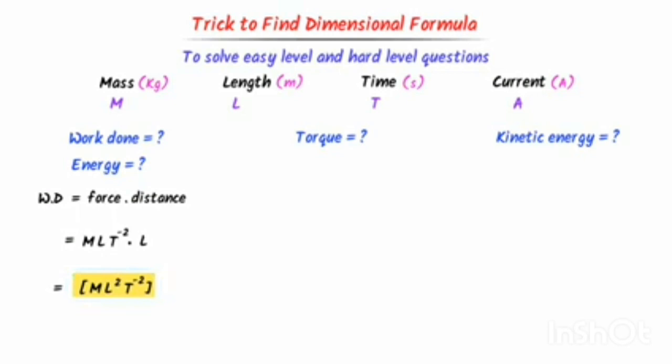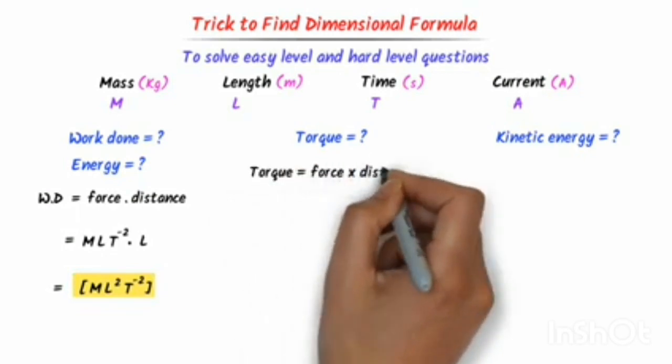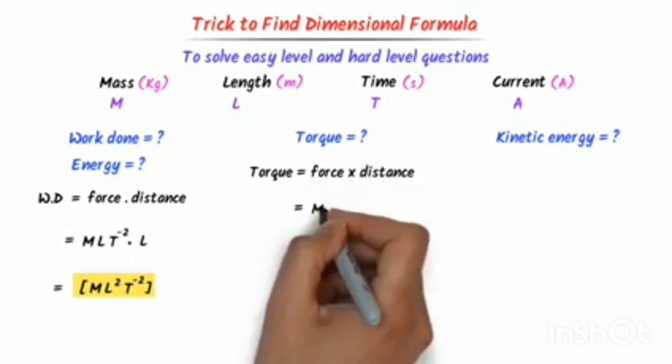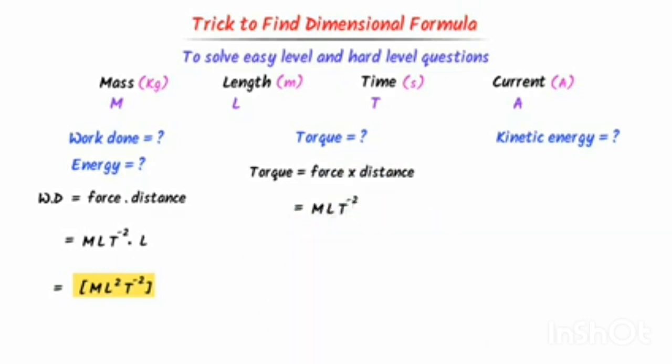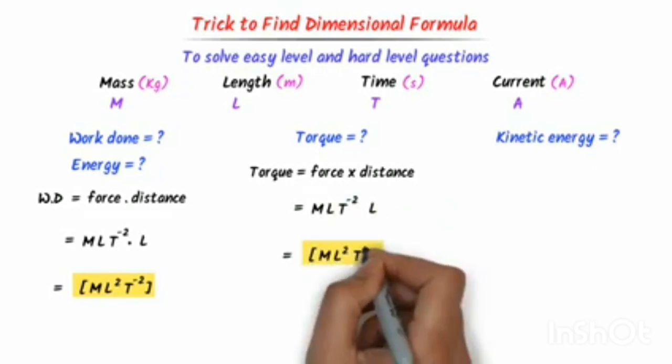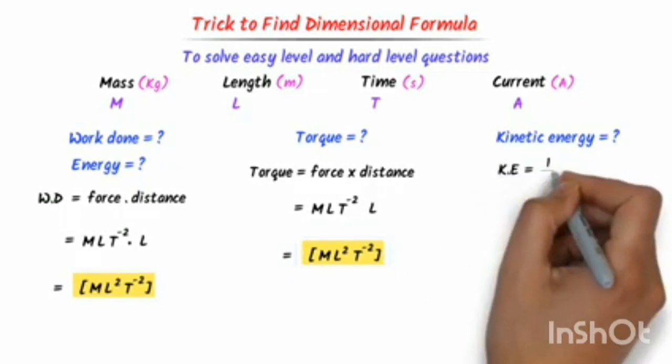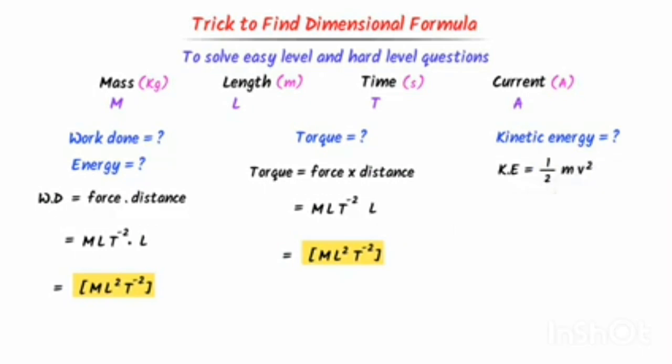In case of torque, it is the cross product of force and distance. The dimensional formula of force is M L T^-2 and that of distance is L. I get M L^2 T^-2. Hence the dimensional formula of torque is M L^2 T^-2. In case of kinetic energy, it is equal to half m v squared.